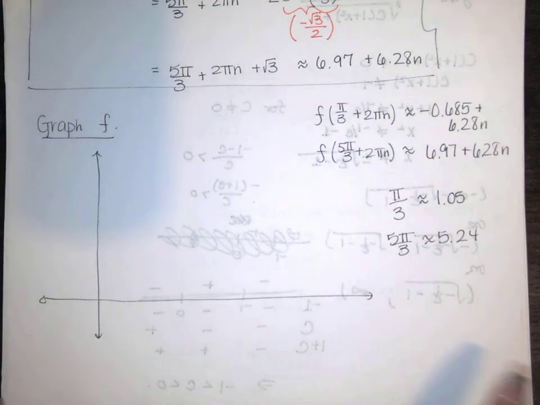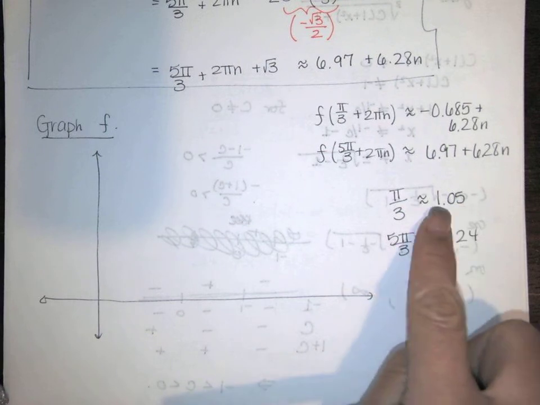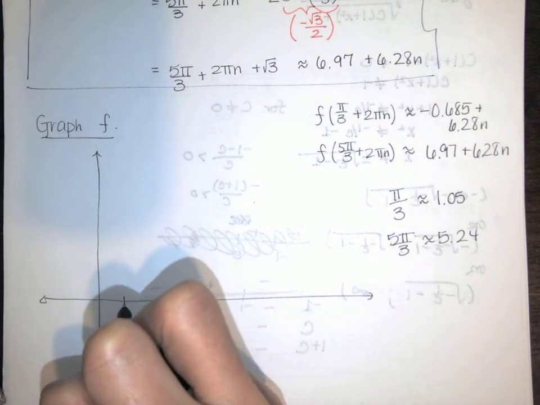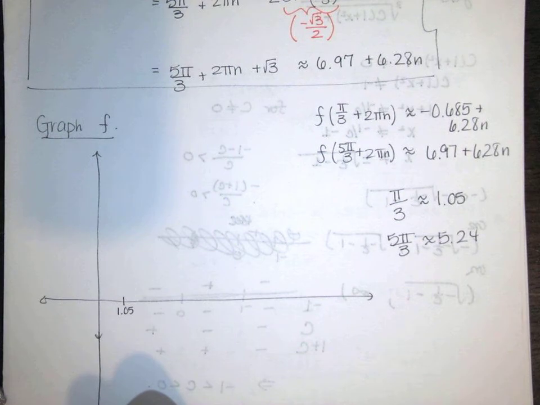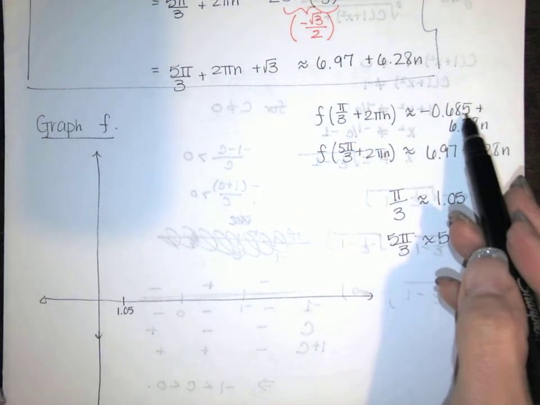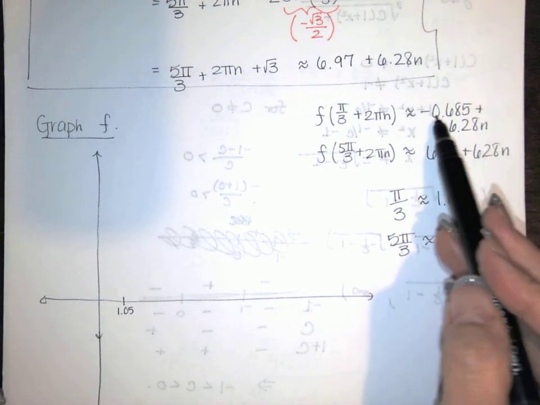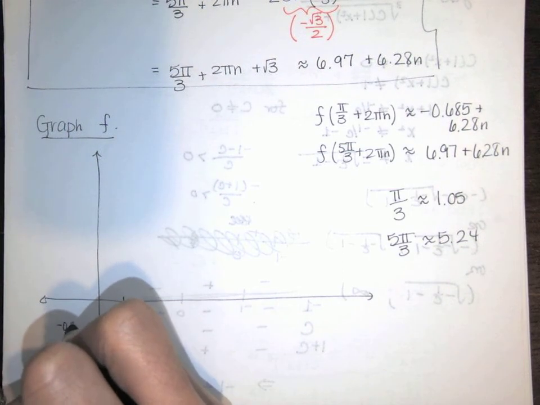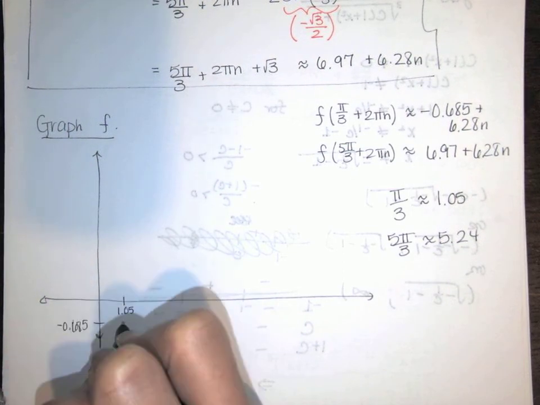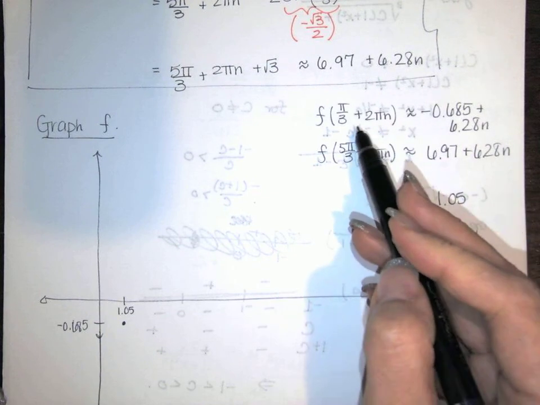Okay, so when n is 0, this is saying when x is approximately 1.05, the y value on this graph is negative 0.685. And that was a relative min.